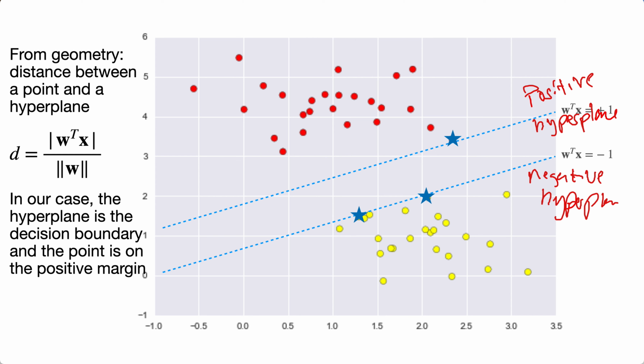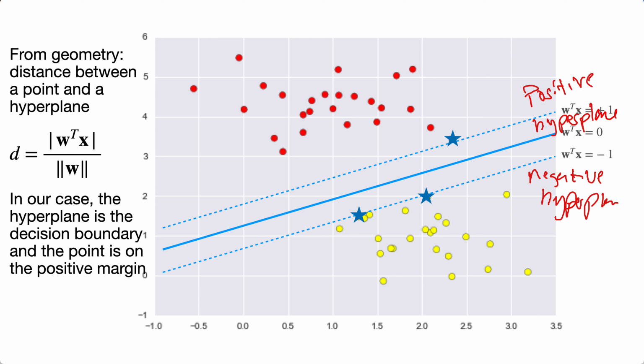Now, we have done something fairly arbitrary. We have said that W transpose X equal to +1 defines this place, and W transpose X equal to -1 defines this place. What we've said is that these things are one unit of weight vector away from the decision boundary.